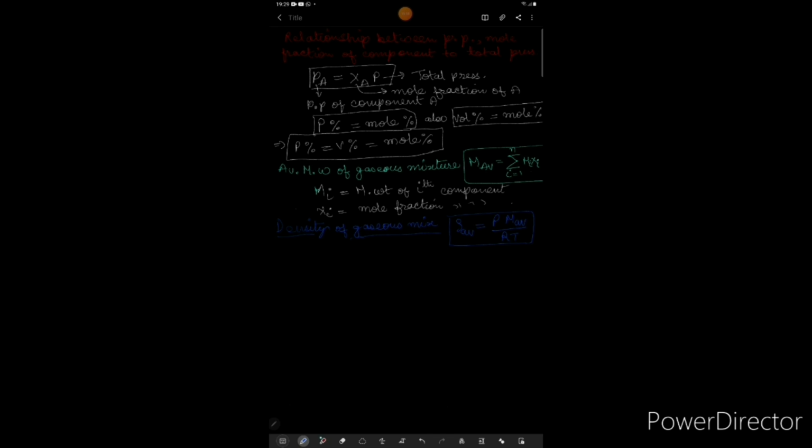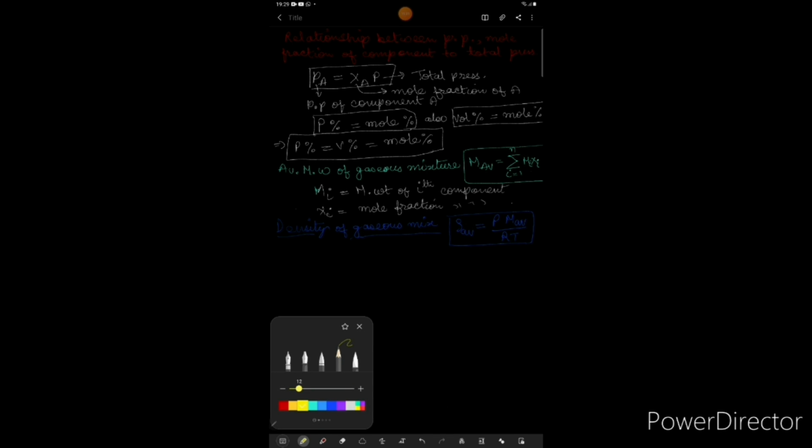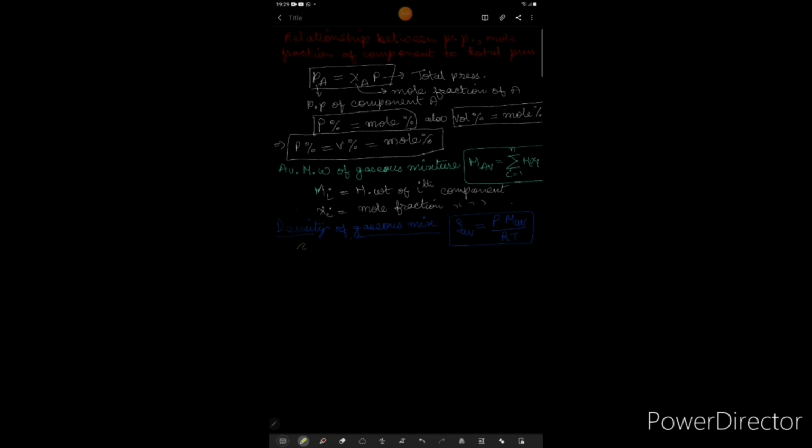And specific gravity of a gas is equal to the density of the gas divided by the density of air at the same temperature and pressure.